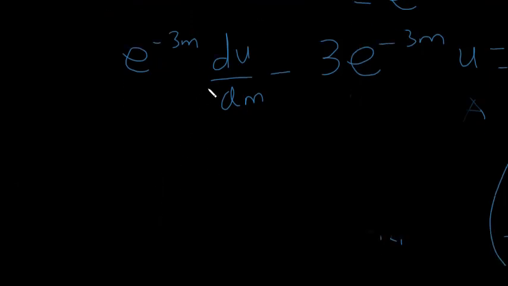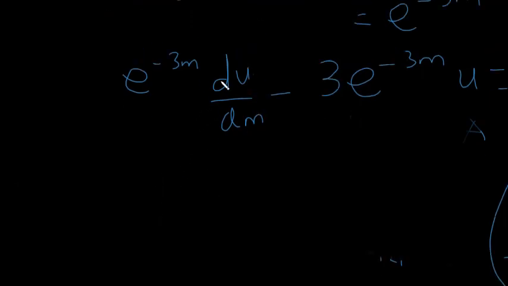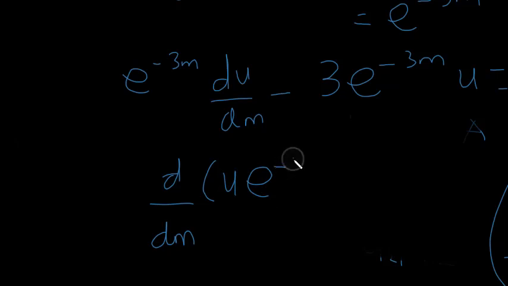So what is going to be that product? It's going to be u and e to the negative 3m itself, because we are differentiating u and maintaining this, and differentiating this and maintaining u here. So the main terms here are u and e to the negative 3m. So the left hand side is the derivative with respect to m of the product u e to the minus 3m, right?